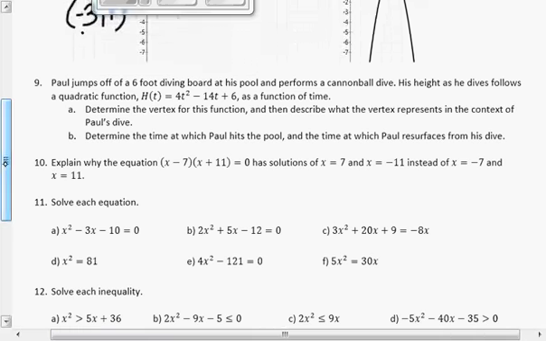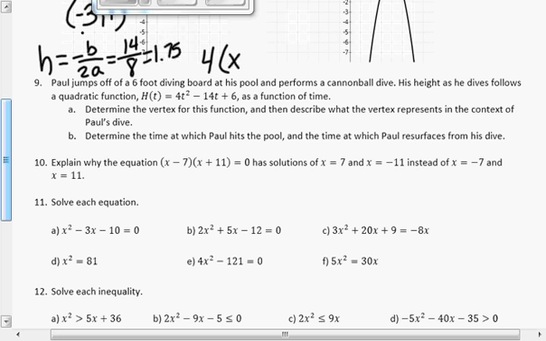You do know that a is 4, so to find h, it's negative b over 2a, so it's going to be 14 over 2 times 4, which is 8. And when you get the decimal for that, it's 14 divided by 8, which is 1.75. So it's x minus 1.75 squared. Take that value, put it where t is to get your k value.